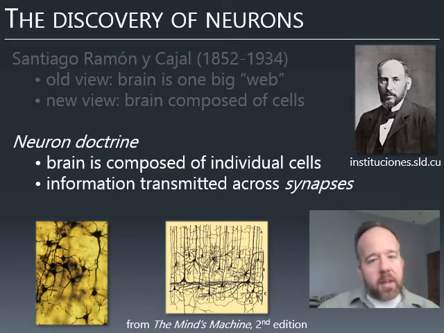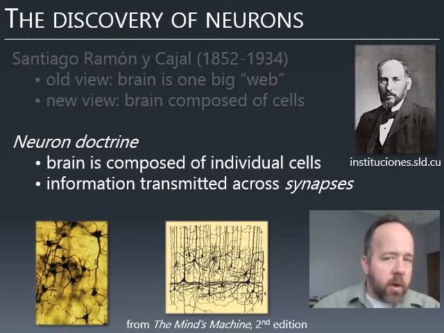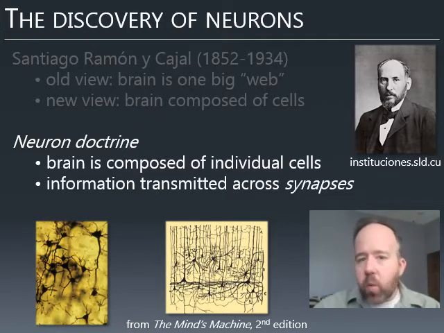And a follow-up to that is the brain still has communication within it. Neurons talk to one another, and they transmit information across what are called synapses. And synapse may be a word you've heard before, you already may be familiar with it, but synapses are the connection points between neurons.